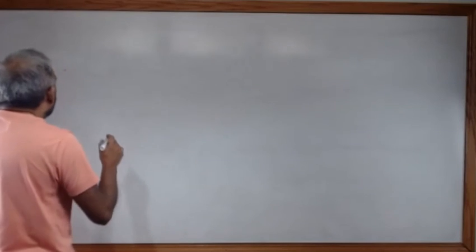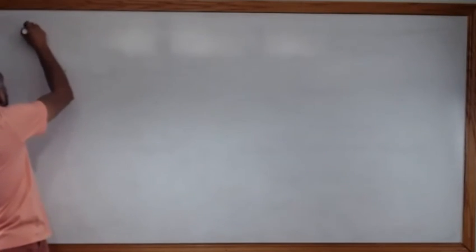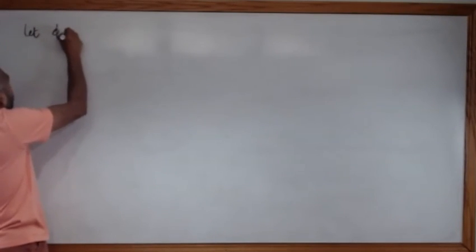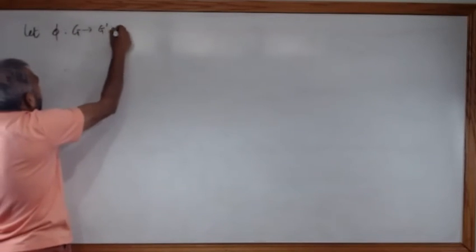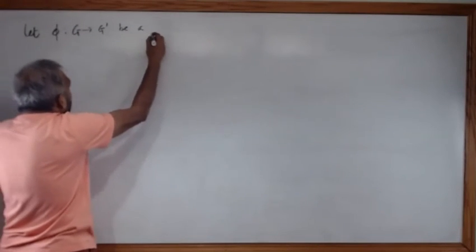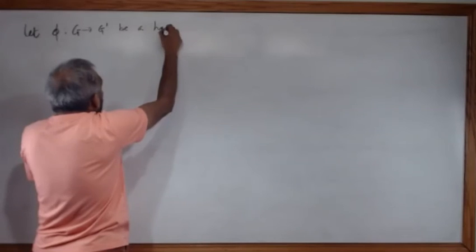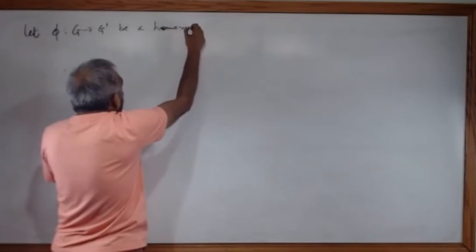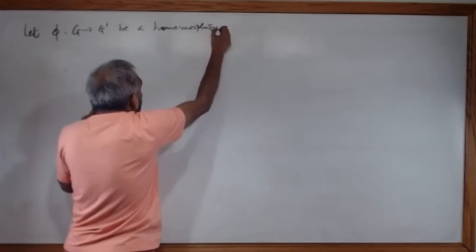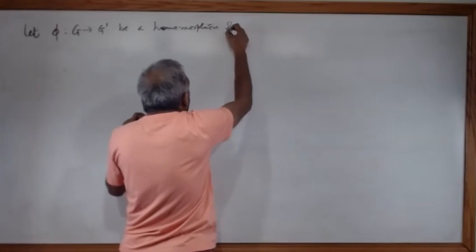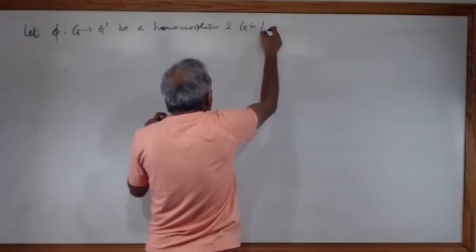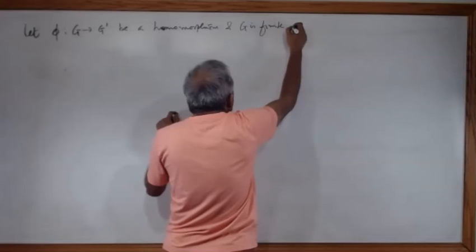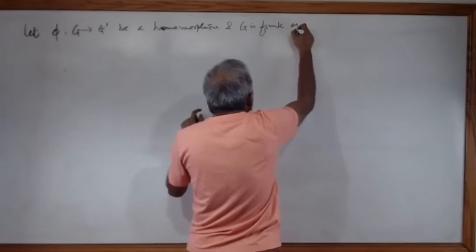We will do another problem. Let phi from G to G prime be a homomorphism and G is finite of prime order.